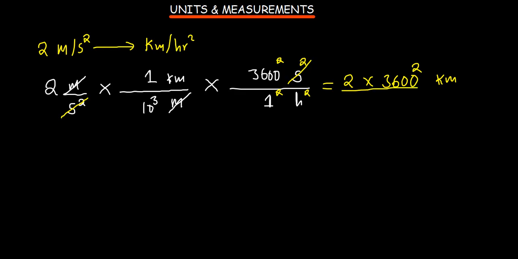We have got 10 to the power 3. 1 squared is just a 1. And then we also have a hour squared. Instead of saying over hour squared, over is the same as per, hour squared. So we have converted. Simply get this quantity, punch it on the calculator, and then that will be it. Actually, we can just do it easily here without even a calculator. Does that make sense?